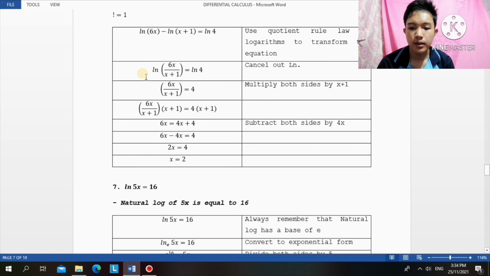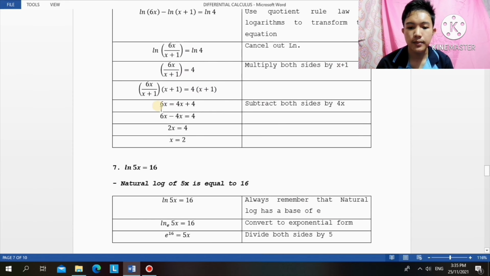Then first cancel out the ln, or the natural log, or drop it. The remaining will be 6x over x plus 1 is equal to 4. Then multiply both sides by x plus 1. So 6x over x plus 1 times x plus 1 is equal to 4 times x plus 1. Cancel x plus 1 from the denominator.